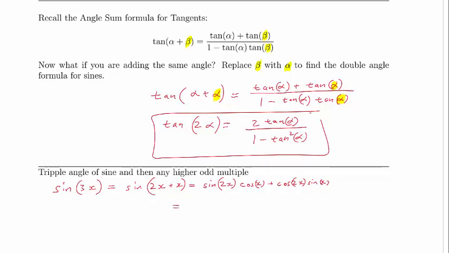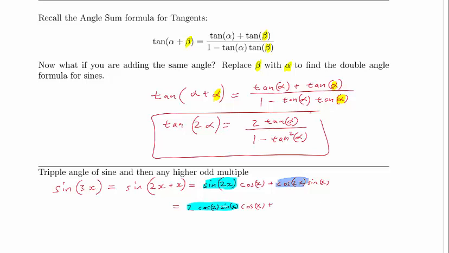And so sine 2x becomes 2 times cosine x sine x. Like so. And now we're going to do another substitution here.